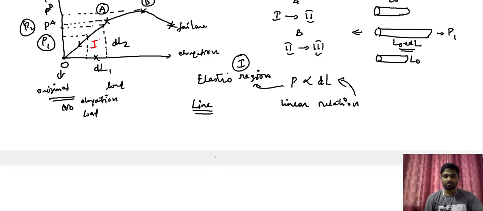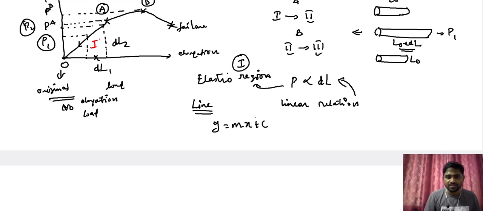Now again, going back to our mathematical roots, we have the equation of the straight line that is represented as y = mx + c. So this is nothing but the equation of a straight line.